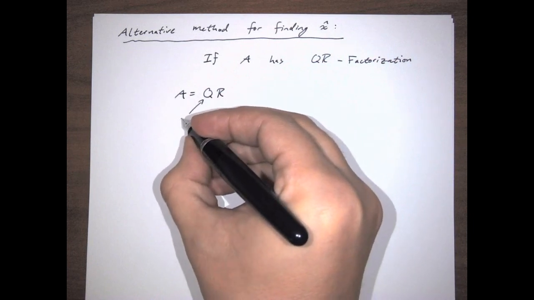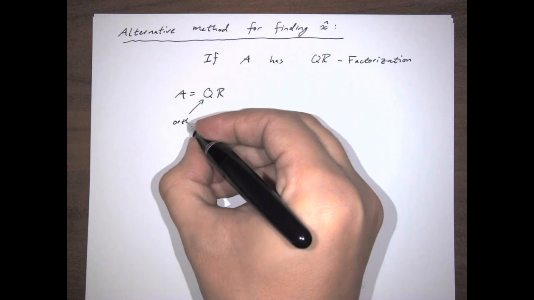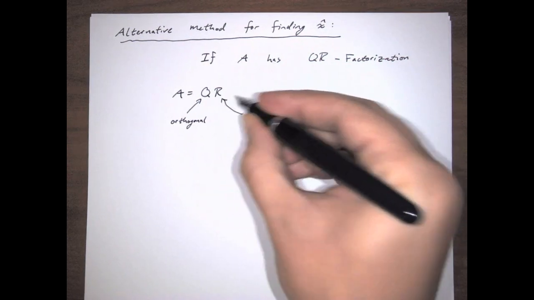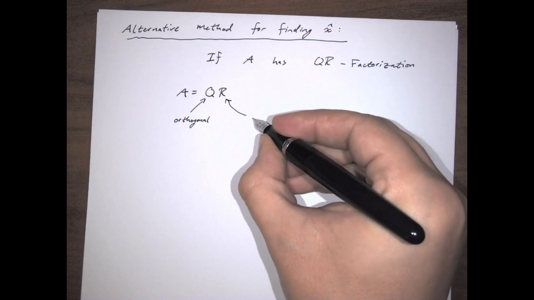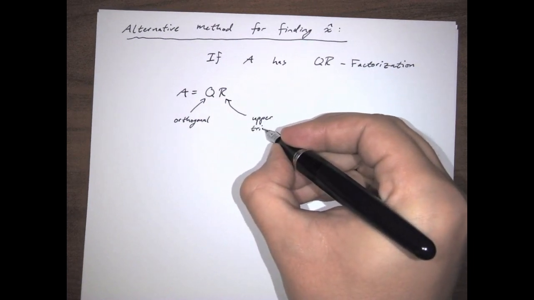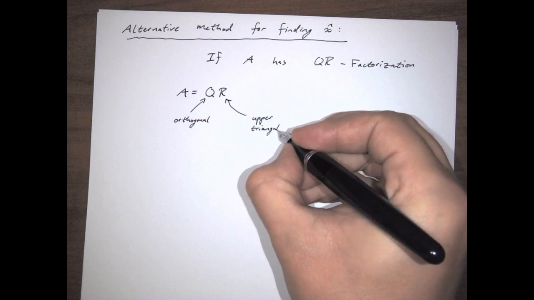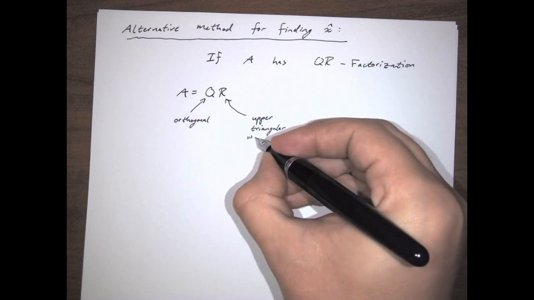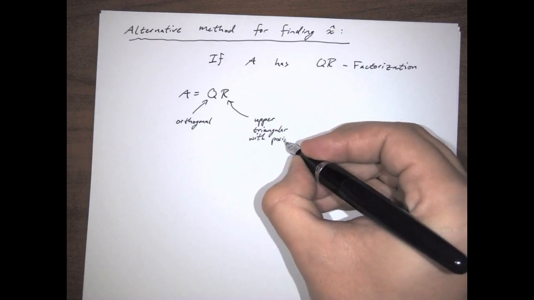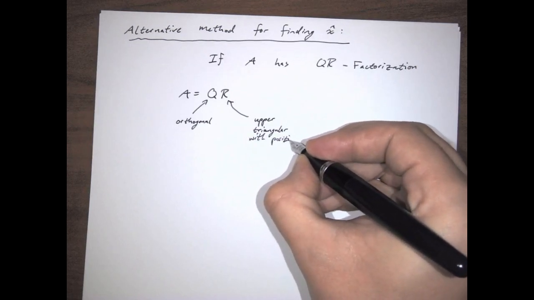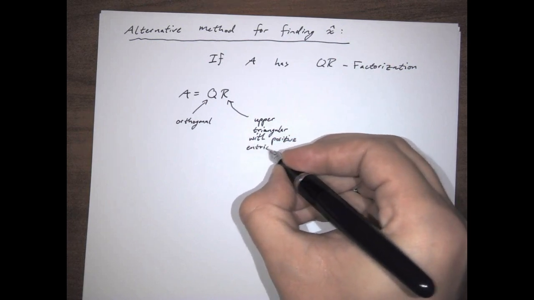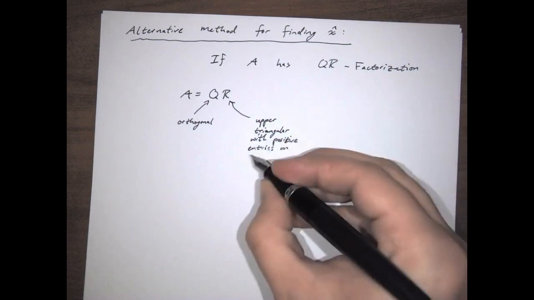So Q is orthogonal, and R is upper triangular with positive entries on main diagonal.